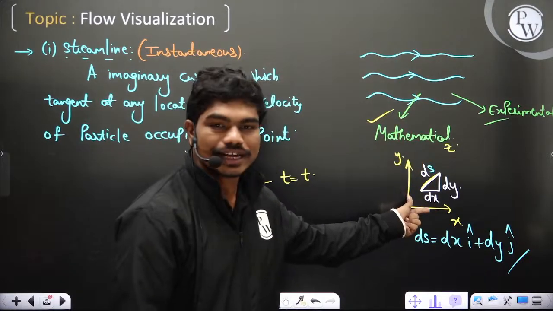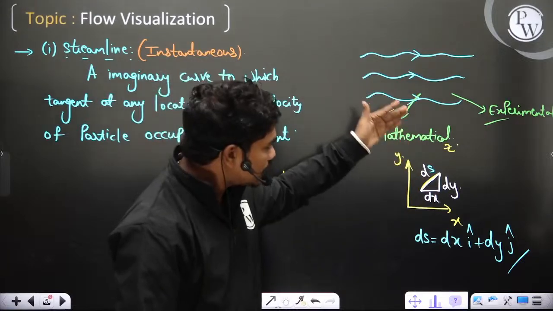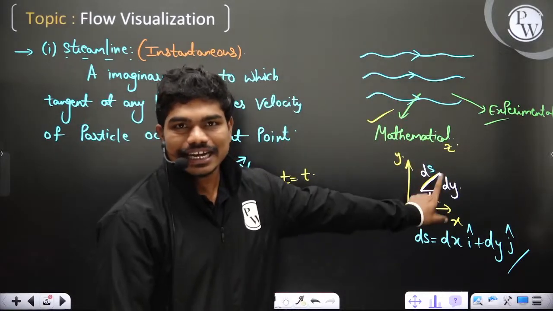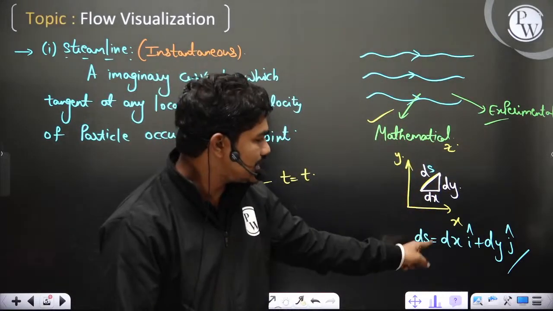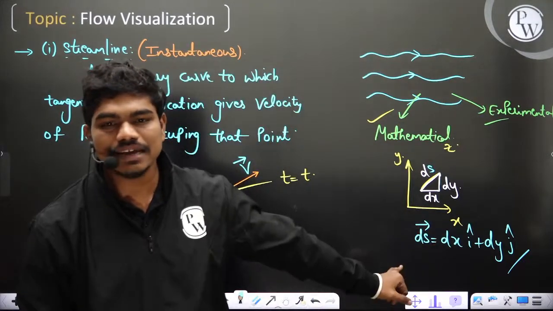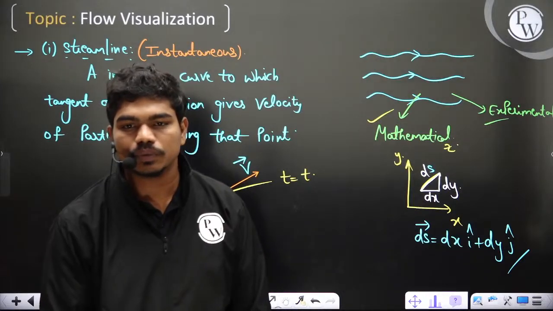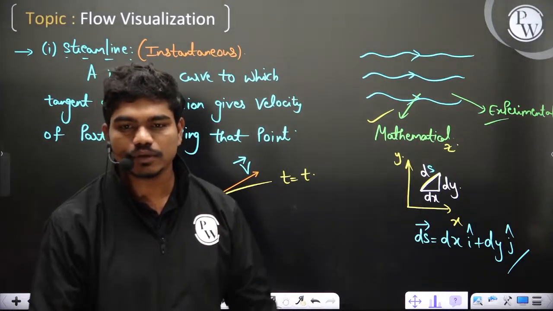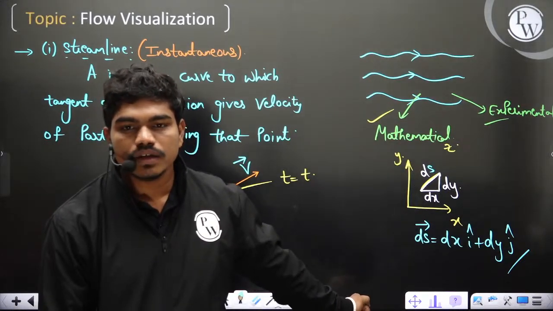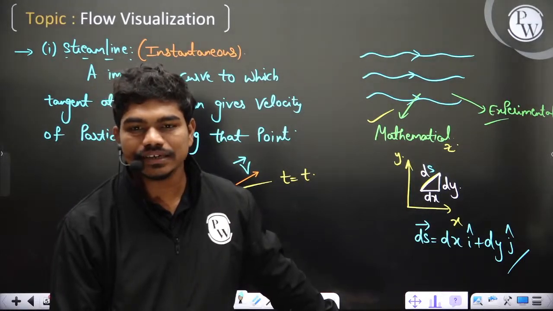If u is the projection on x and v is the projection on y, you write ui plus vj. Similarly, for this ds curve, if dx and dy are the projections, can I write ds as dx i plus dy j? Yes or no? Type in the chat box. Same thing, projections. Is this clear to all of you?